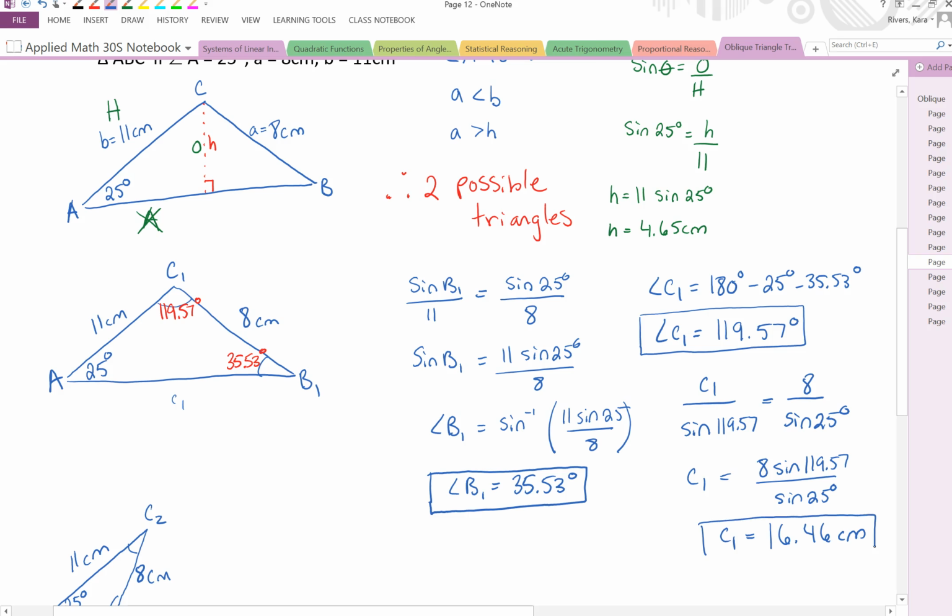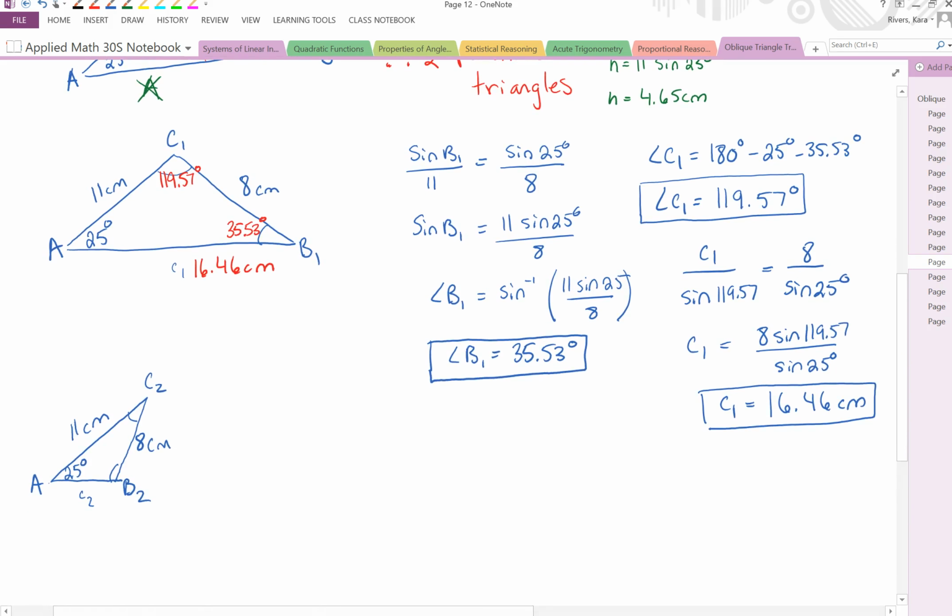And that first triangle is solved. So this would be 16.46 centimeters.